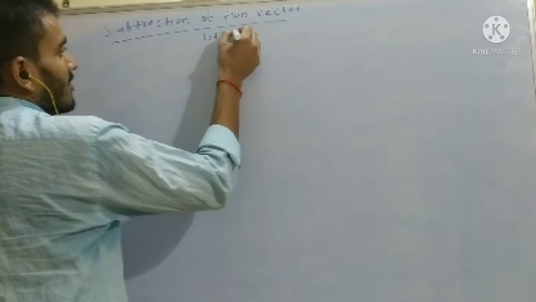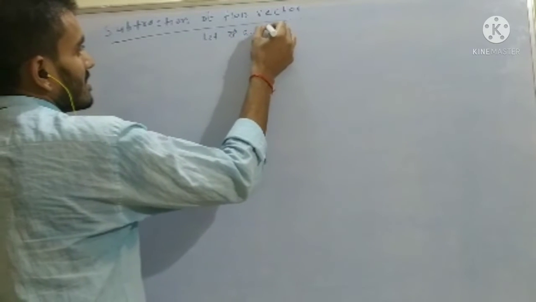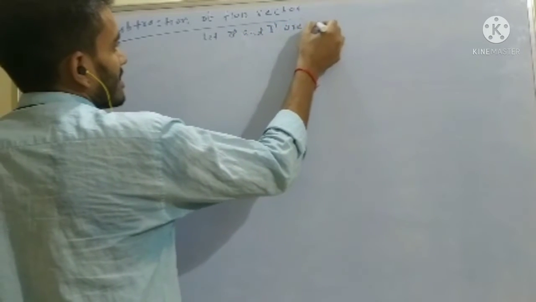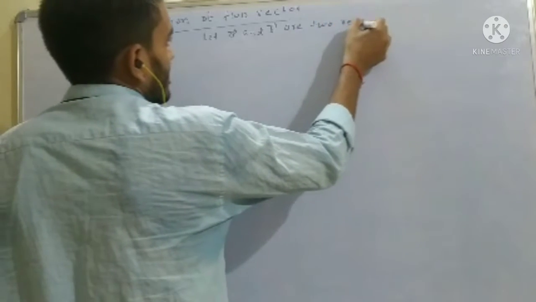Let vector A and vector B be two vectors.